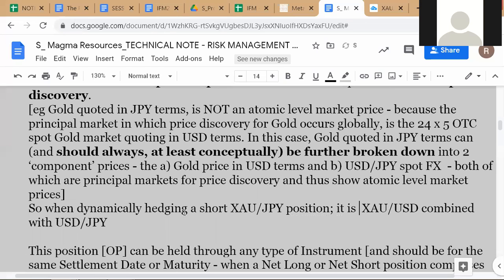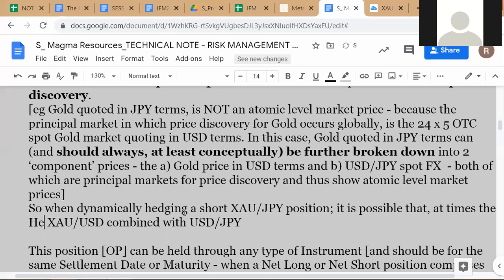it is possible that at times the hedger may be, so if he's short XAU JPY means he's short XAU long JPY, which can be further split up into short XAU long USD and short USD long yen.